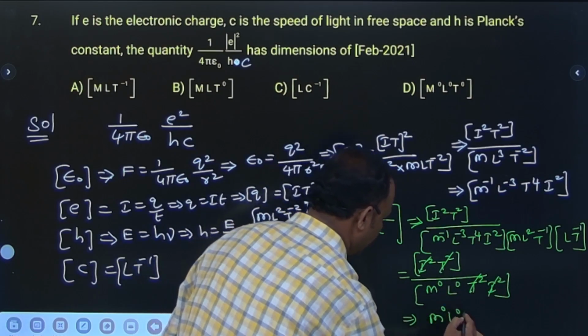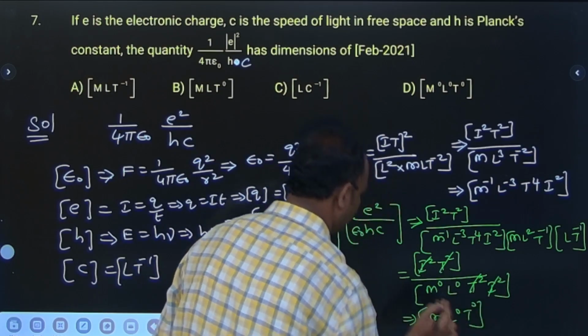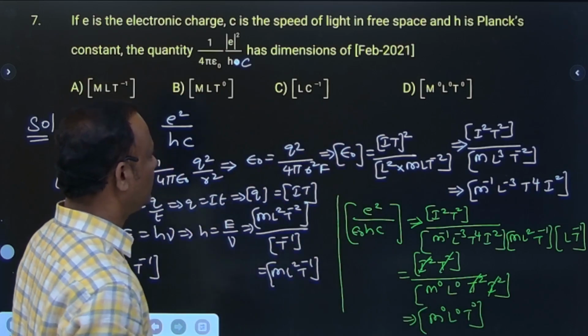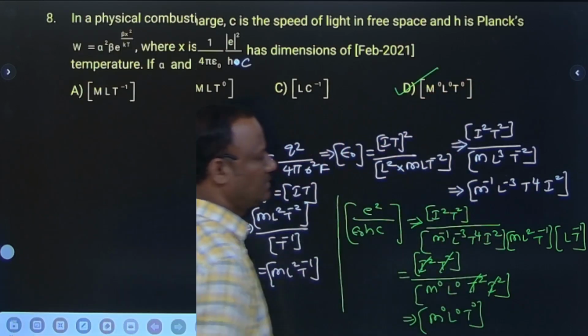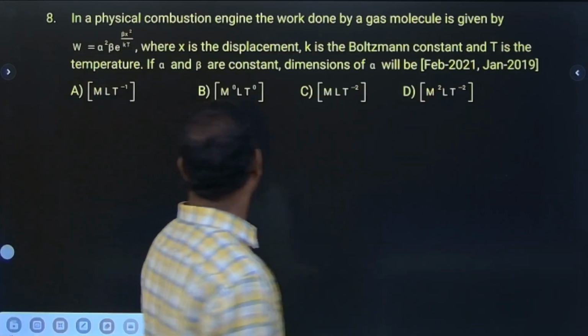It's a dimensionless quantity, meaning M0 L0 T0.